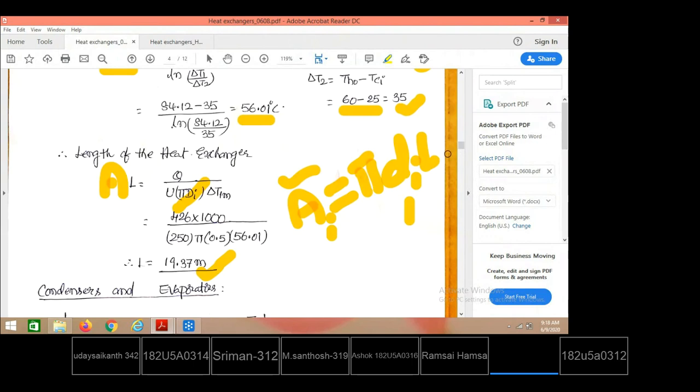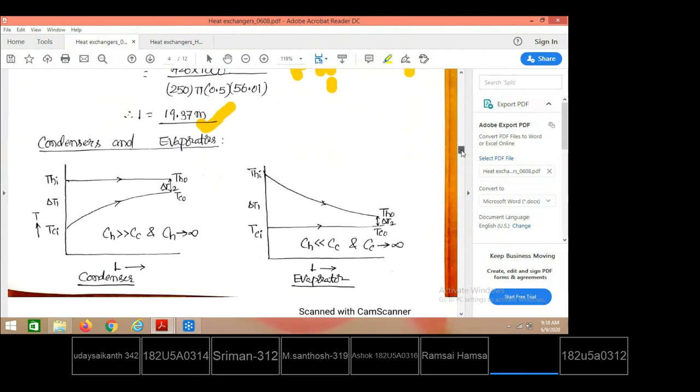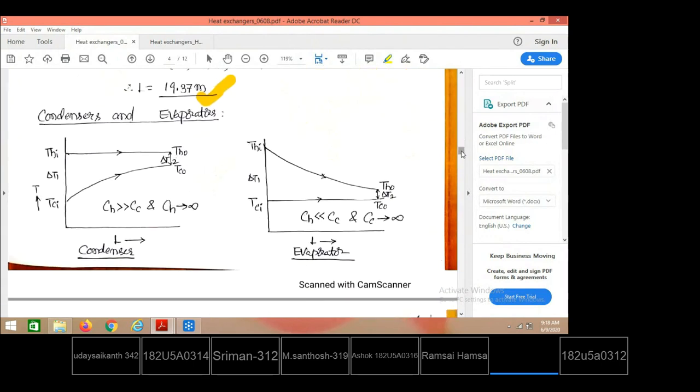So the next kind of heat exchangers are condensers and evaporators. Condensers and evaporators are where one of the fluids is undergoing the phase change, without the change of pressure.